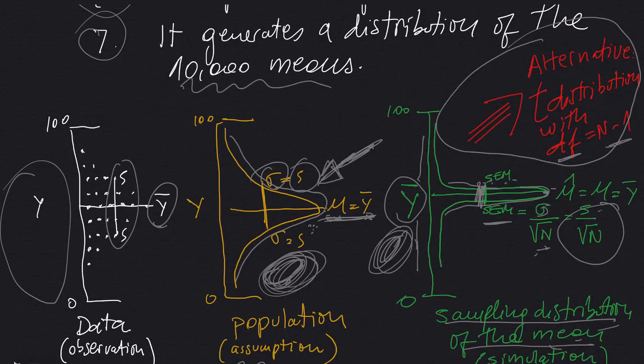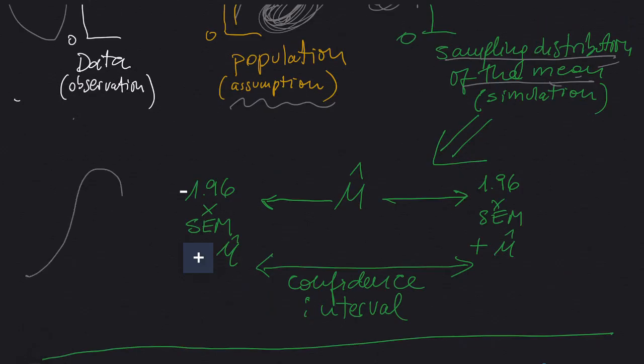Now, what do we do with that distribution? Well, remember that in a normal distribution, we have 95% of the values between minus 1.96 and plus 1.96.